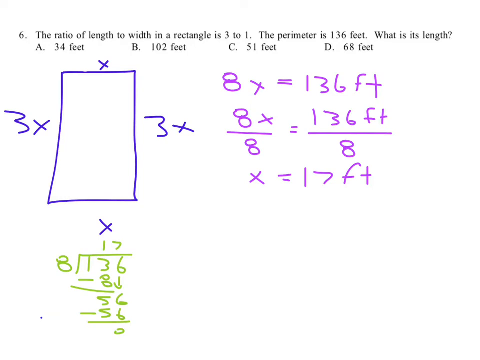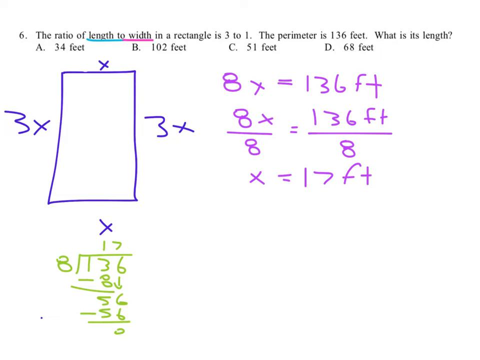Now, they want to know what its length is. The length was the 3x side, right? Length to width, if you look at it, says it would be 3 to 1. And you can see that we need to multiply that x value that we got, 17 feet, by 3 to stand for the length.